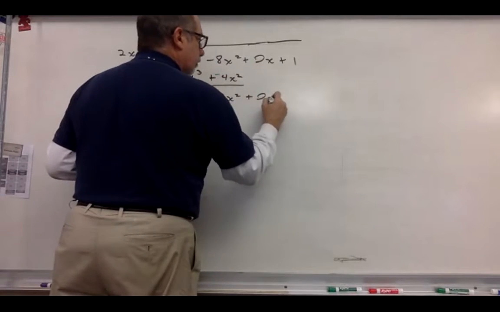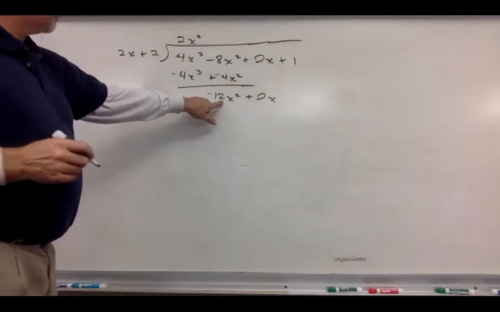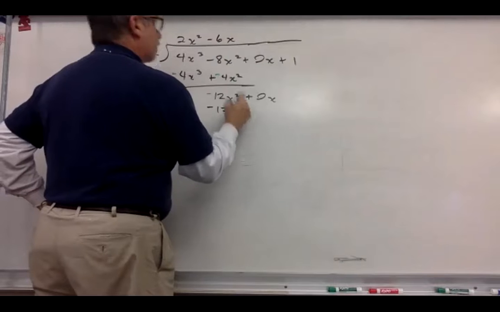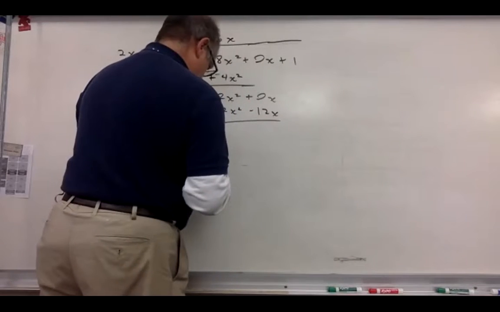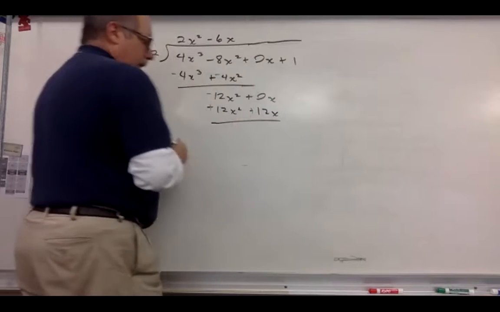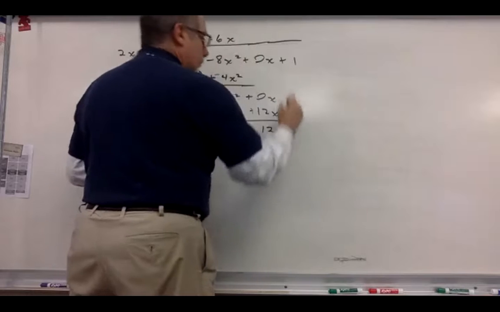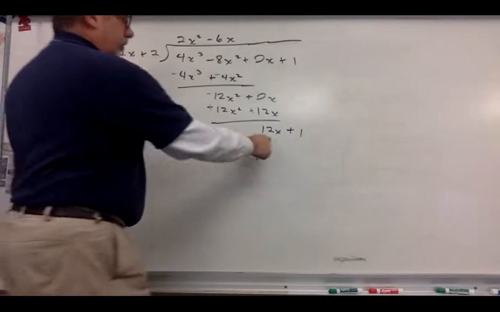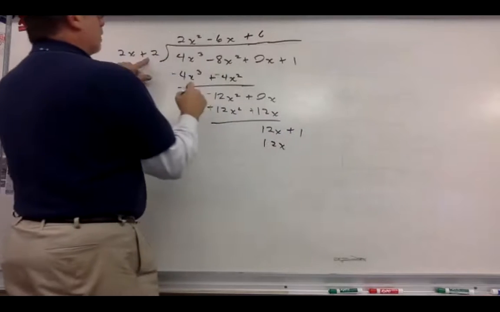Bring down the 0x. Okay, what do I have to multiply 2x by to get -12x squared? That's -6x. So -12x squared minus 12x. Change the signs and add. And I get 12x plus 1. And then plus 6. 12x plus 12.